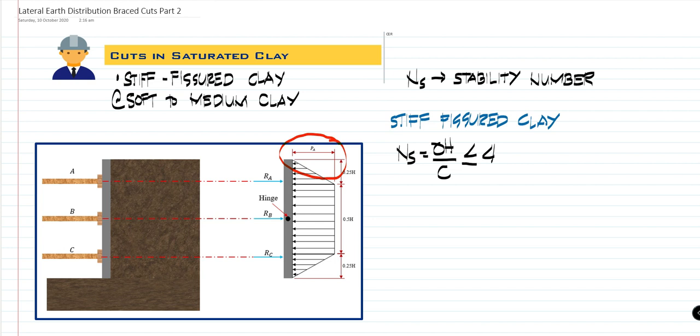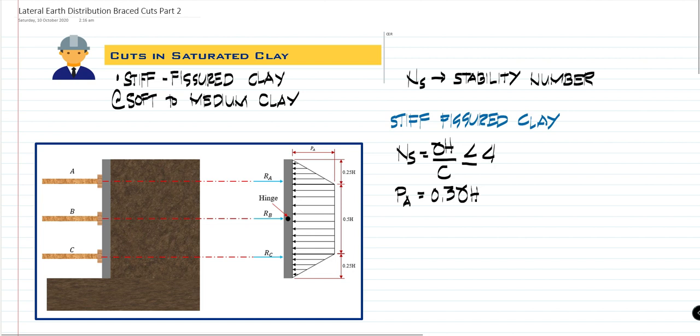So, ngayon, paano naman natin kukunin yung pressure or yung height ng pressure diagram? So, yung pressure or the height of the pressure diagram will just be equivalent to a value P sub A is equal to 0.3 gamma H. So, since 0.3 gamma H siya, that is 30% of the vertical stress.